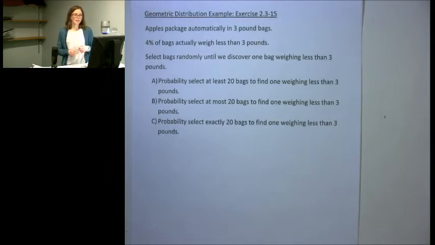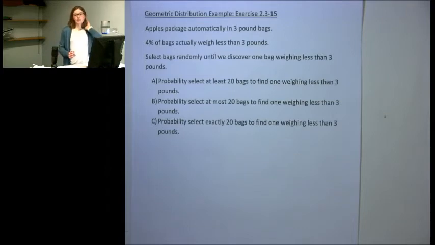We're going to select bags randomly until we discover one bag weighing less than 3 pounds, and we want to figure out the probability that we would select at least 20 bags to find one weighing less than 3 pounds, the probability that we'd select at most 20 bags to find one weighing less than 3 pounds, and the probability that we select exactly 20 bags to have one weighing less than 3 pounds.